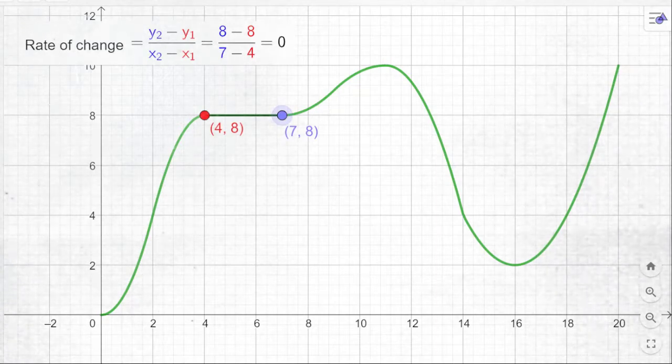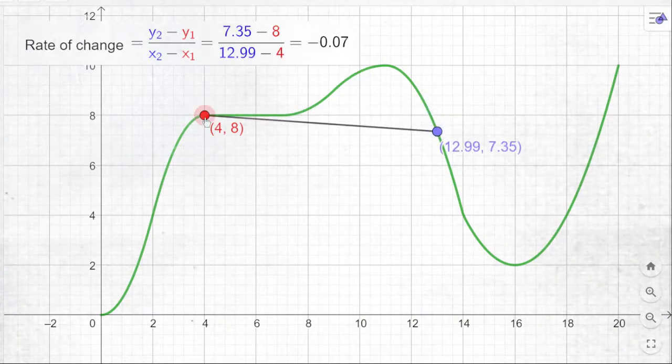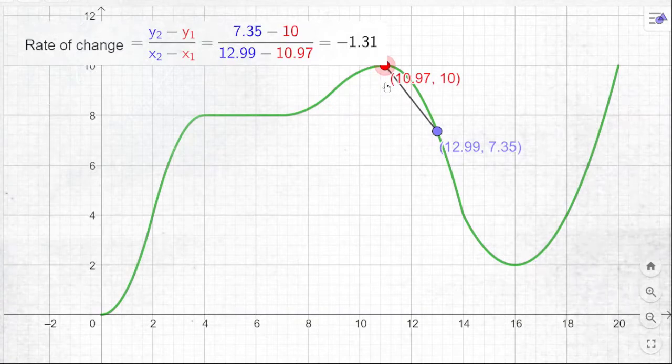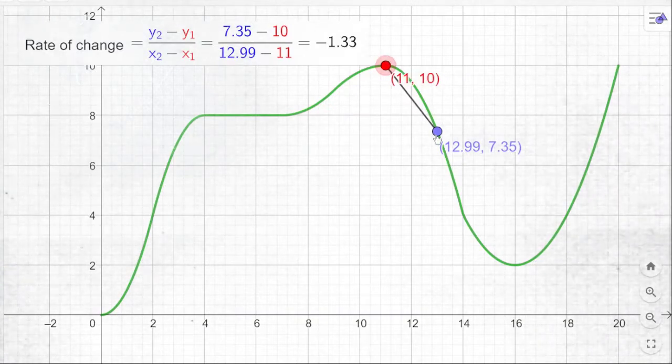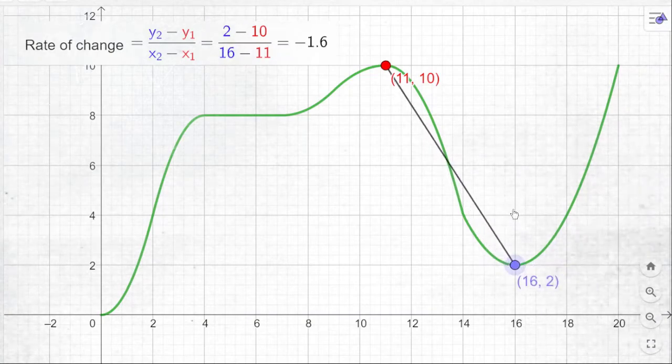Now let's look at the average rate of change over the time interval from 11 to 16. So I'm going to take one point and situate it so that it's at x equals 11, and the other point at x equals 16, and we'll measure the average rate of change, the slope of this secant line.